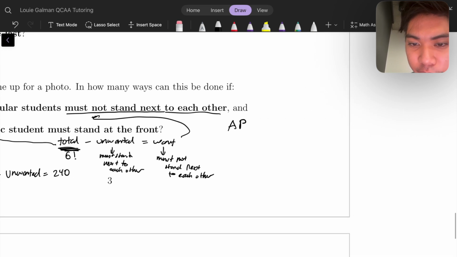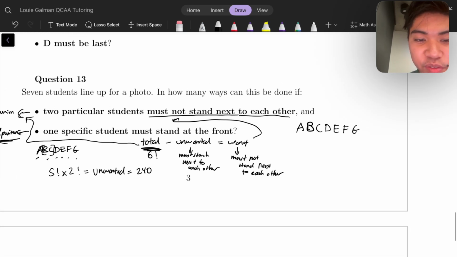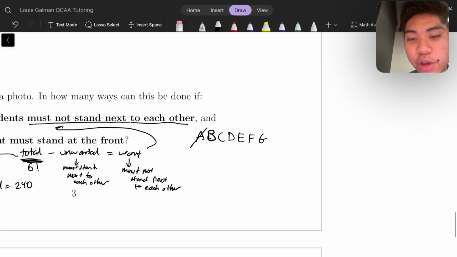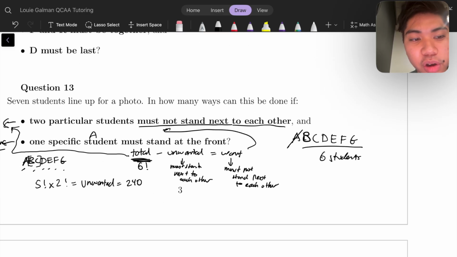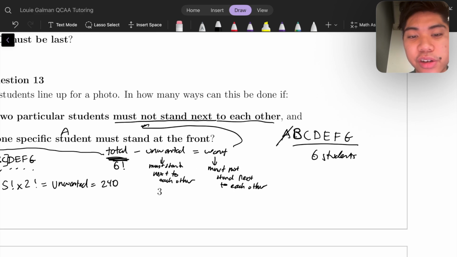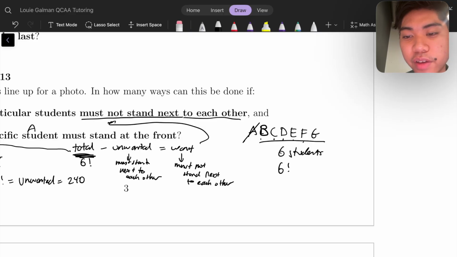So we have A, B, C, D, E, F, G as our 7 students, correct? So let's assume that the one specific student, A, must stand at the front. So we can't do anything with A. The rest of the students, there are 6 students. The total ways we can arrange them, if there were no restrictions in terms of standing next to each other or not, is 6 factorial, because we have 6 boxes, 6 different letters, 1, 2, 3, 4, 5, 6.